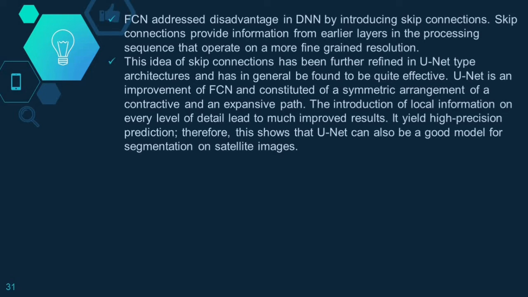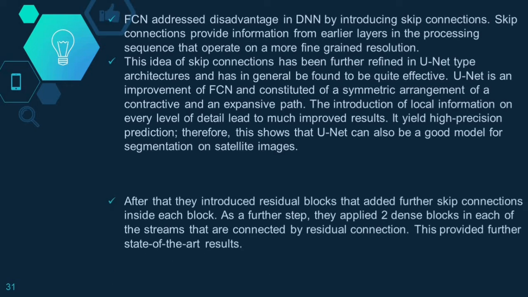UNet is an improvement of FCN and is constituted of a symmetric arrangement of a contractive and an expansive path. The introduction of local information on every level of detail led to much improved results. It yields high precision prediction. Therefore, this shows that UNet can also be a good model for segmentation on satellite images.